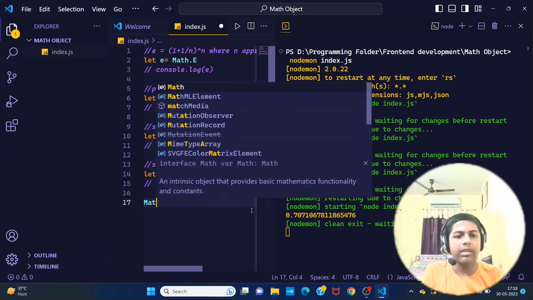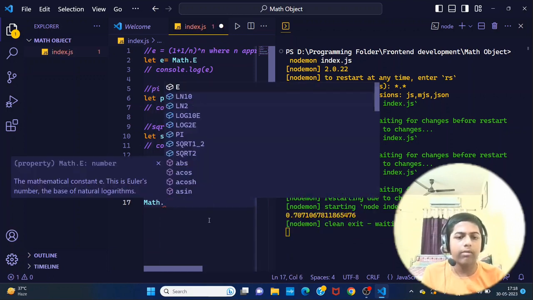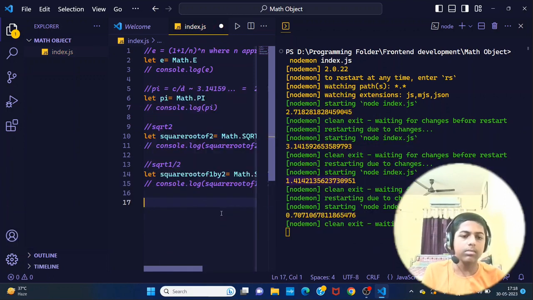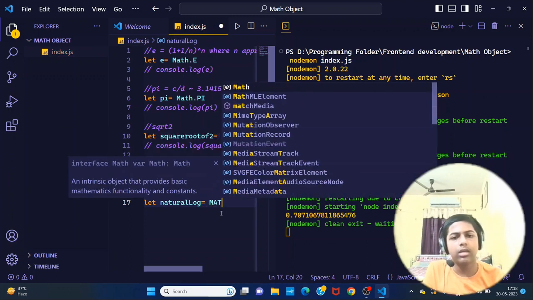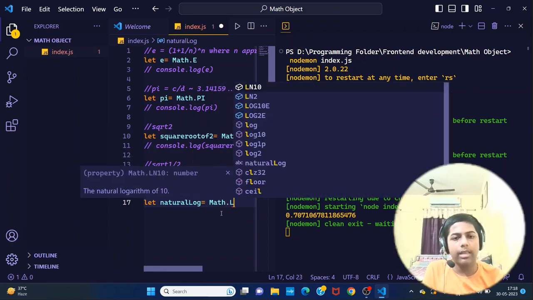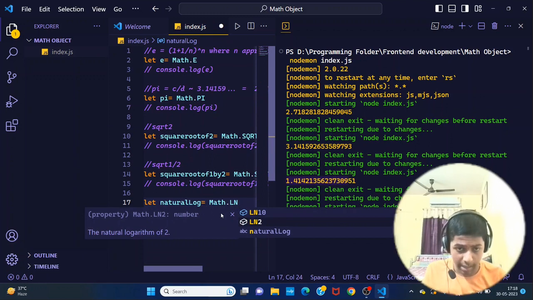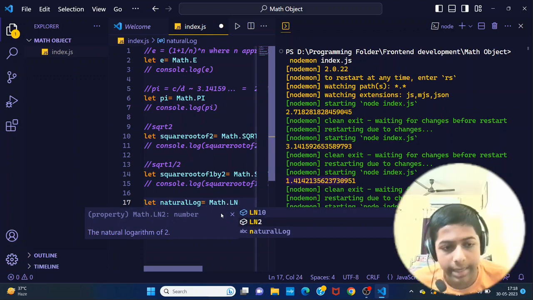Then we have natural logs. Let's say natural underscore log. You can use underscore in the variable name, or you can use camel case as well. It is equal to Math.LN2, natural log of 2, or natural log of 10.